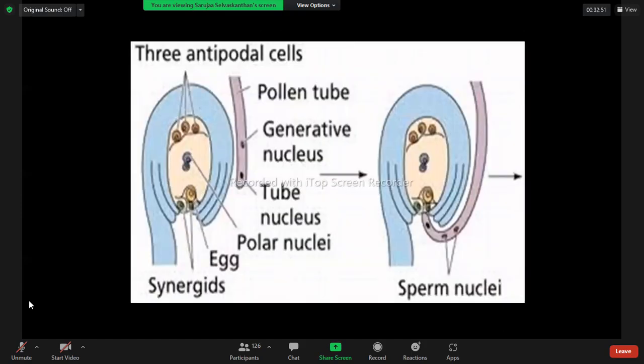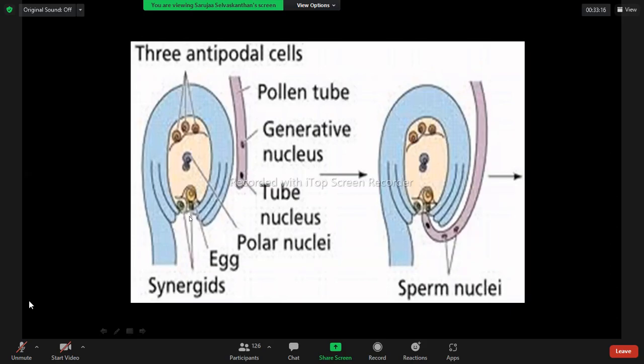Right, here you can see the pollen tube is there. Generative nucleus, tube nucleus, right? So it goes through this one and grows into the ovule.